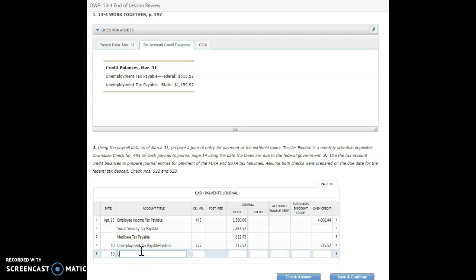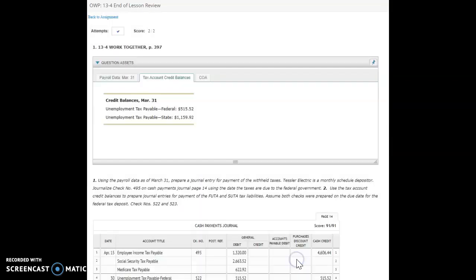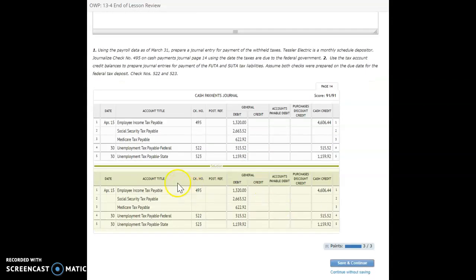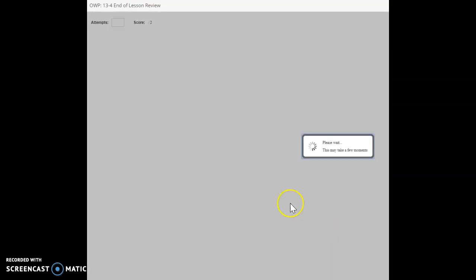Okay, next one, 30th, again, unemployment tax payable state. So 523. And the amount is there, 1,159.92, 1,159.92. Okay, so we have finished our journalizing here. So we're going to check answer. Okay, everything's good. And we can save and continue.